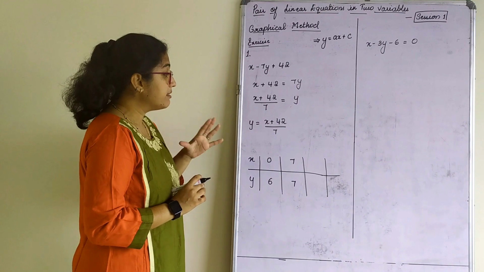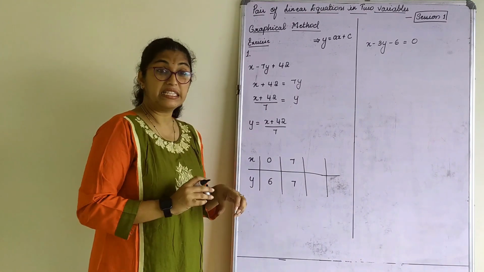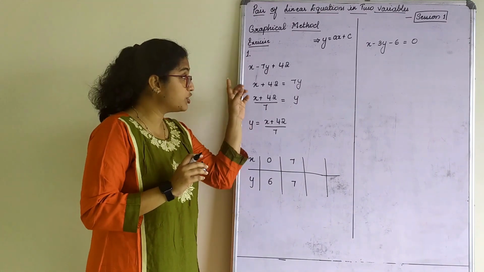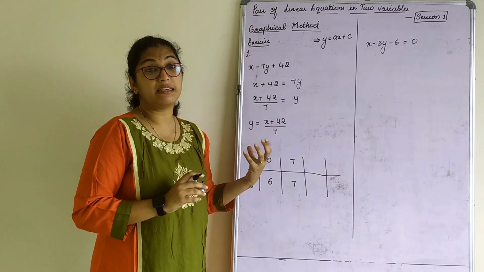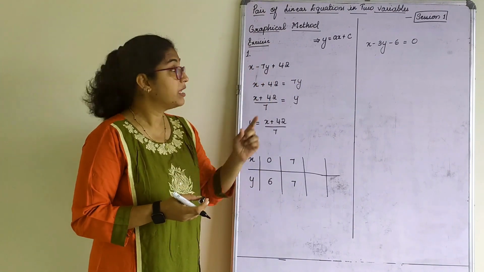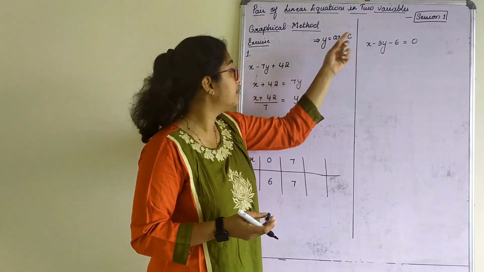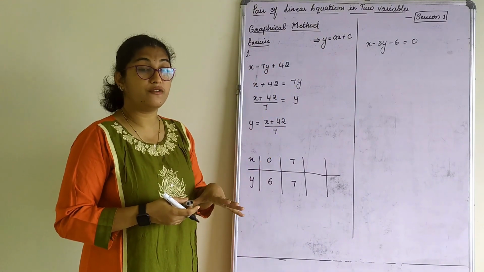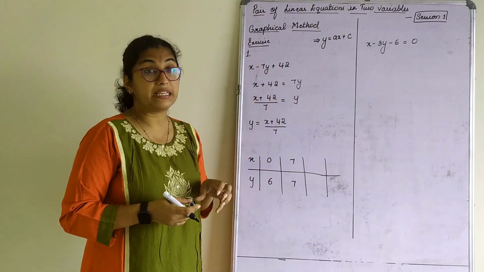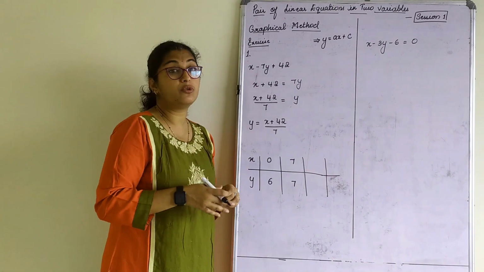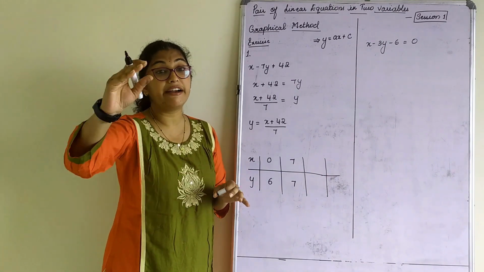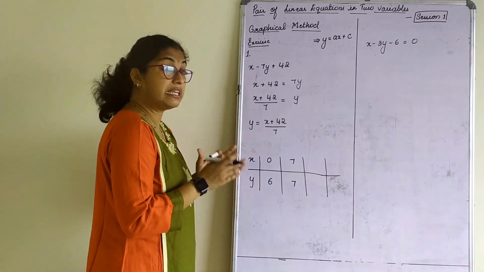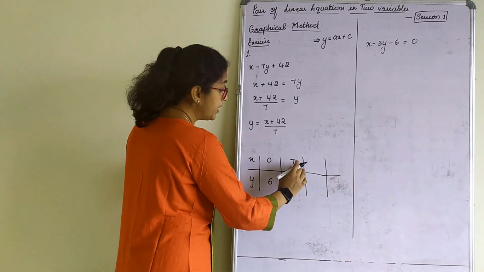Okay. Now, the trick here is always try to keep a value which is already present in the graph, the bigger value. Now, in both the algebraic representations, if you see, 42 is the biggest number. Give 42 as a number so that in the graph we get the solution very easily. That's a trick. You should be knowing this.